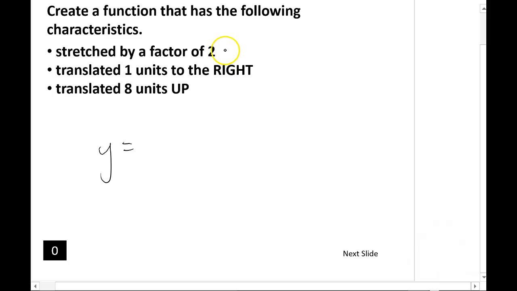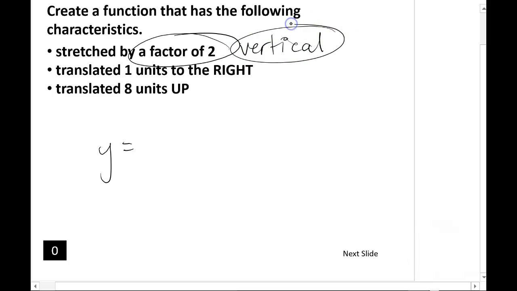Now it says stretches by a factor of 2, a stretch. Well, just remember, if we cause a stretch, and we're talking about a vertical stretch in this case. I should say vertical stretch. And we would say that on the test. A vertical stretch, then that means we're going to change the outside of the function.